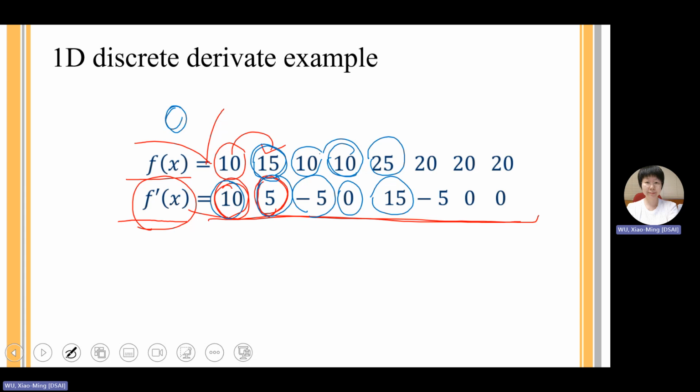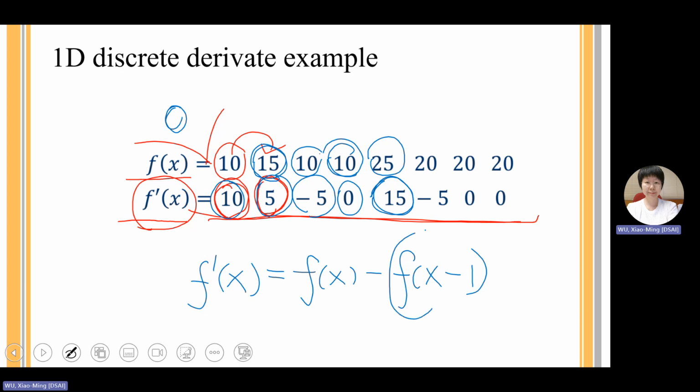So we keep doing this, and we obtain the derivative by subtracting the left pixel from the current pixel.